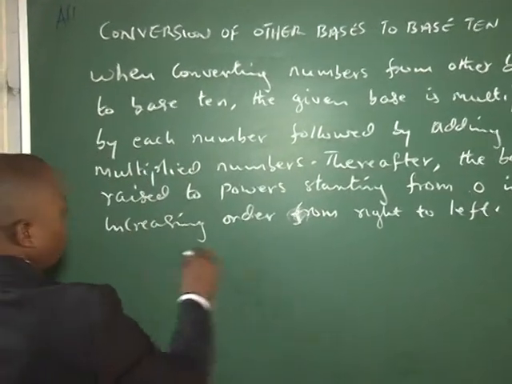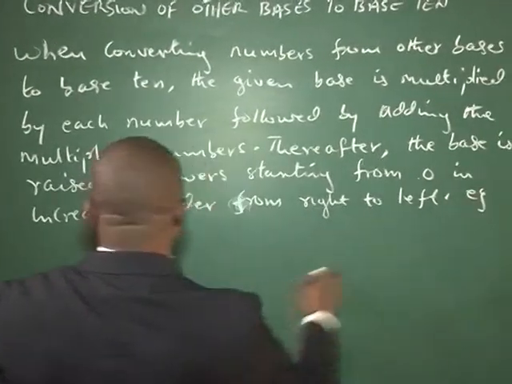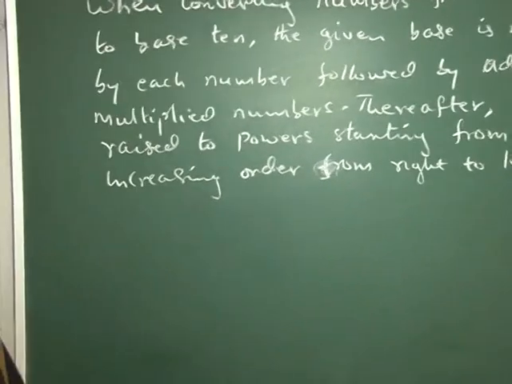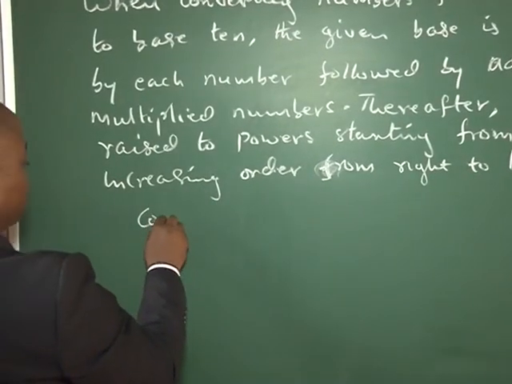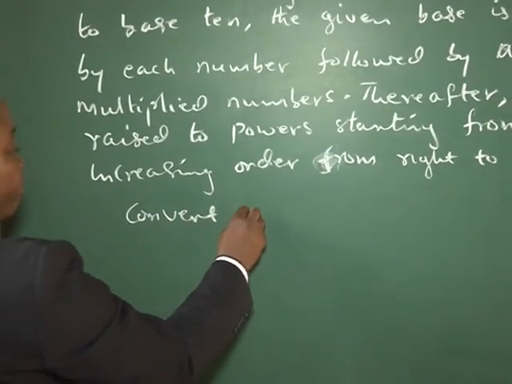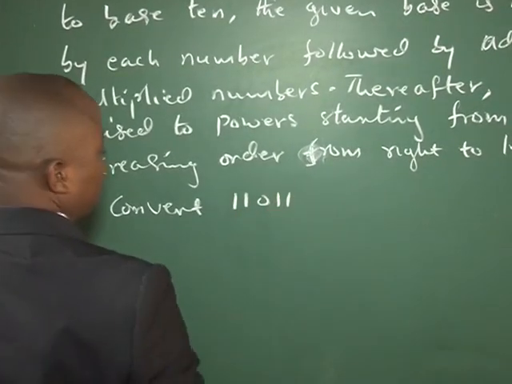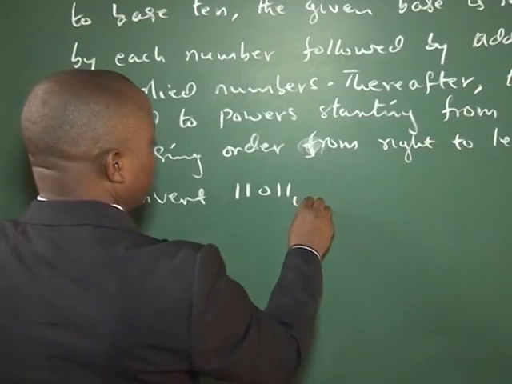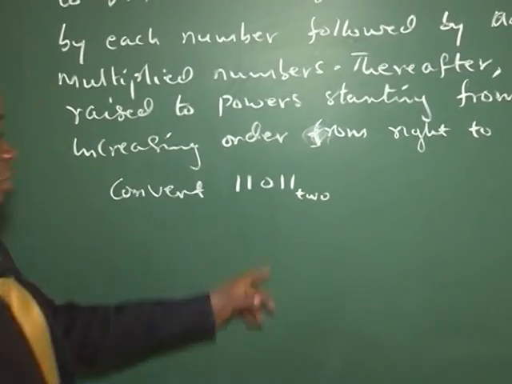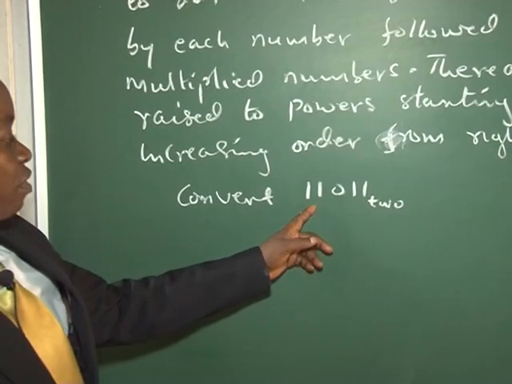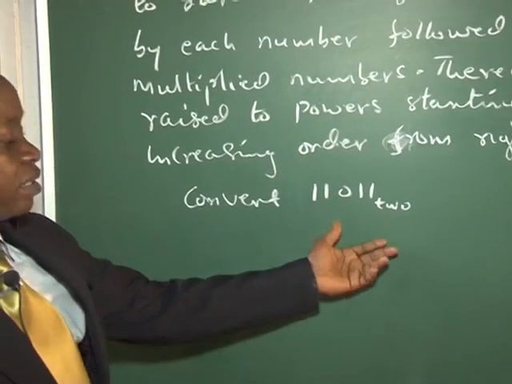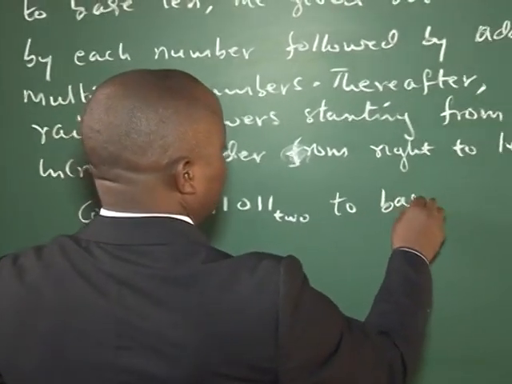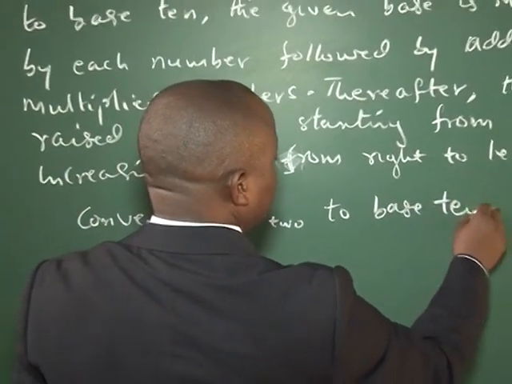Let's take an example. Suppose I wish to convert this number in base 2. I want to convert 11011 in base 2 to base 10.